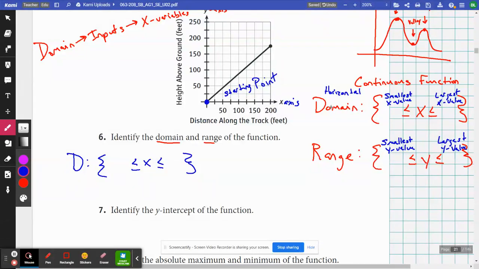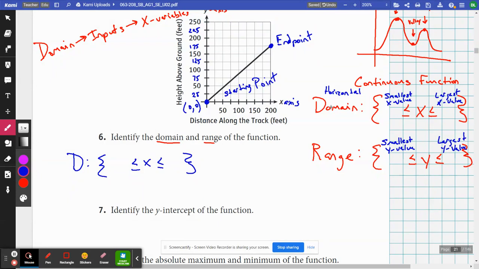That is my starting point. That is at 0, 0. Here is my endpoint. And that one is at 200, let's see, 25, 50, 75, 125, 175, and 225.